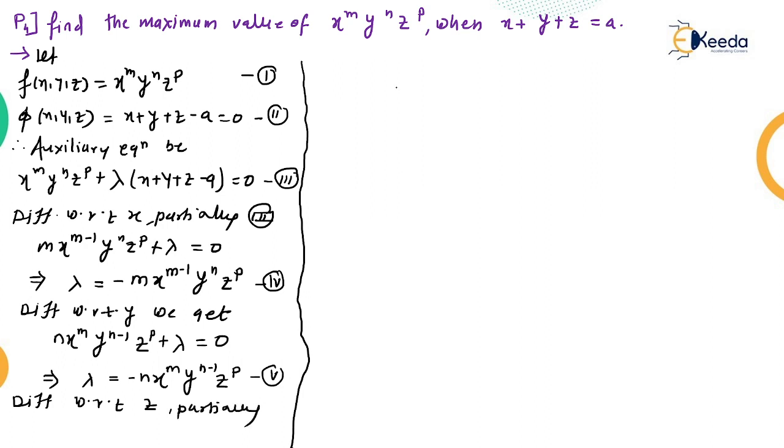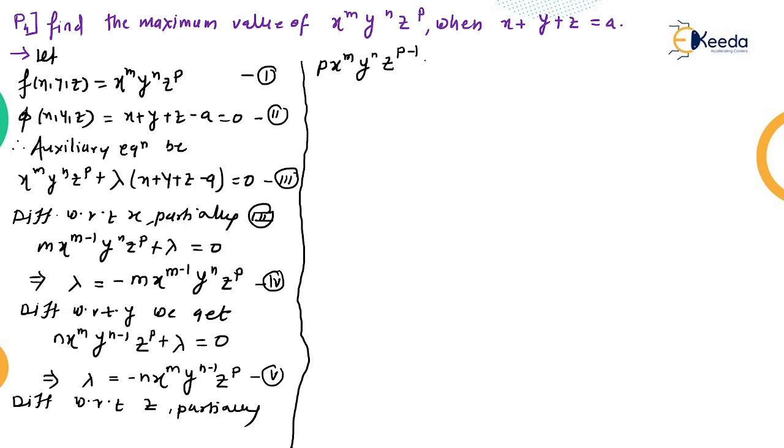We get the differentiation of only z power p, right? x and y are constants, therefore I am writing p x raised to m as it is, y raised to n as it is, and z power p minus 1, because differentiation of z raised to p partially with respect to z gives z raised to p minus 1 into p.